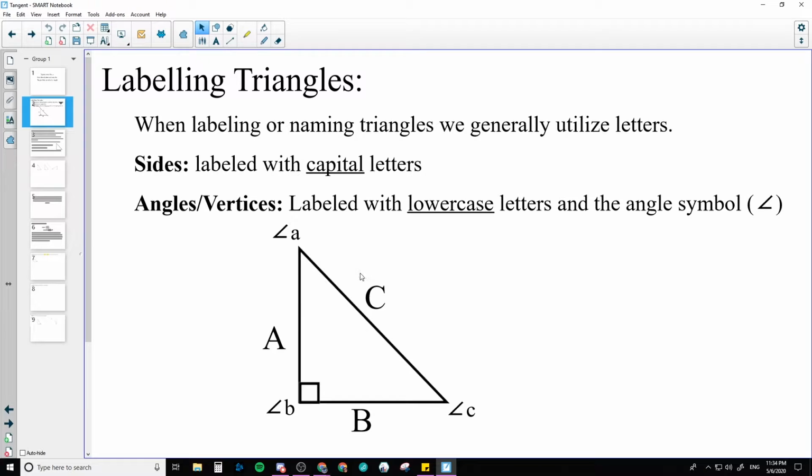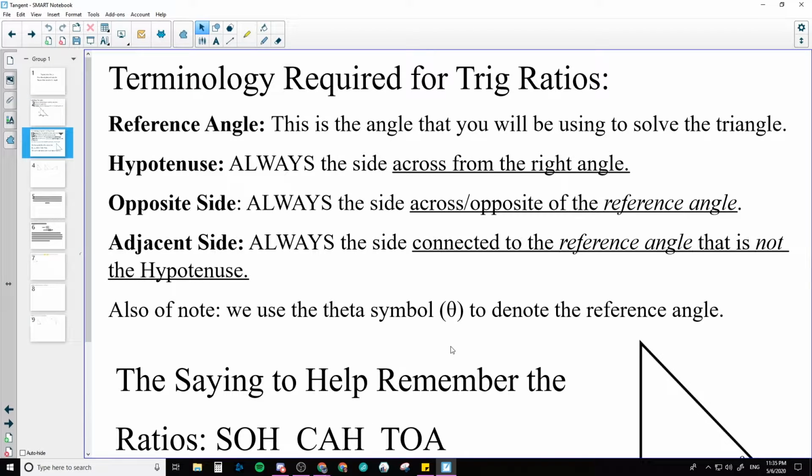Okay, so you'll see we've got side A here, side C here, side B here. We've got angle A, angle B, angle C. You can switch these letters up when you're labeling a triangle. It doesn't really matter what letters you give them, just as long as you maintain consistency when you're doing your math.